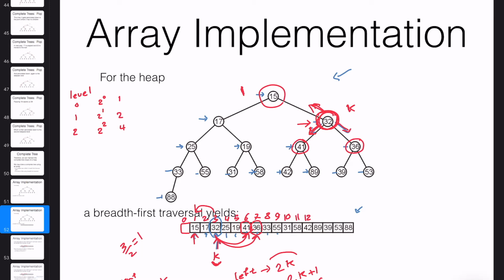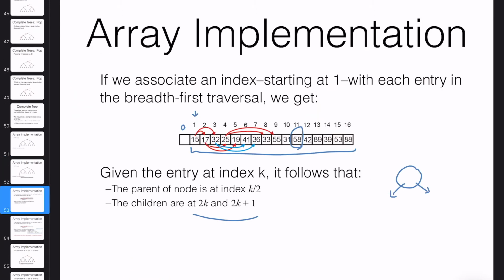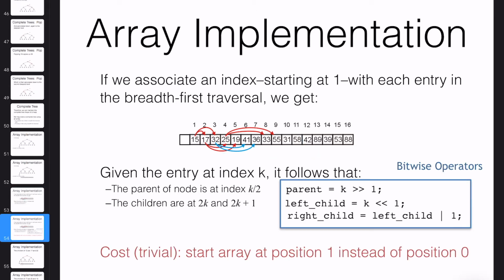This is just coming from the fact that this is a complete binary tree. All the levels are full except the last level. So these are the formulas. That's just what I need when I am implementing push and pop, percolating up, and percolating down.